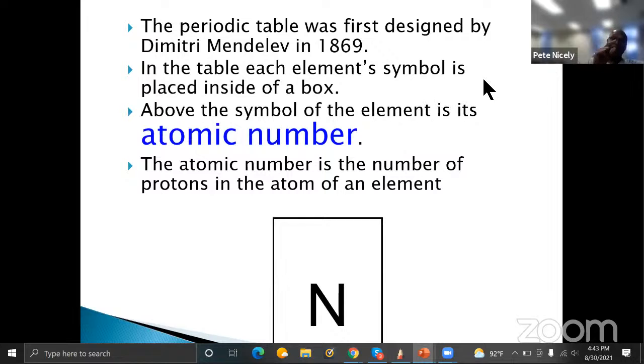And one remarkable thing I must say about his version of the periodic table was that there were some gaps in his table which represented elements that were not yet discovered. And he was able to predict with very good accuracy the type of properties that these elements would have. For example, there is an element that we know called germanium, which was not discovered when he came up with his periodic table.